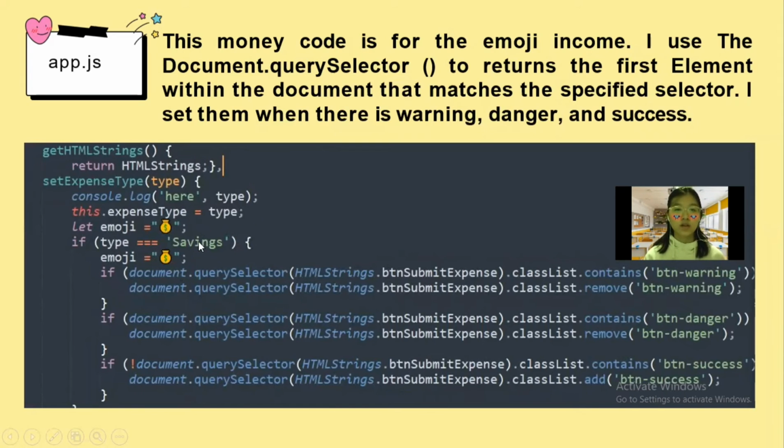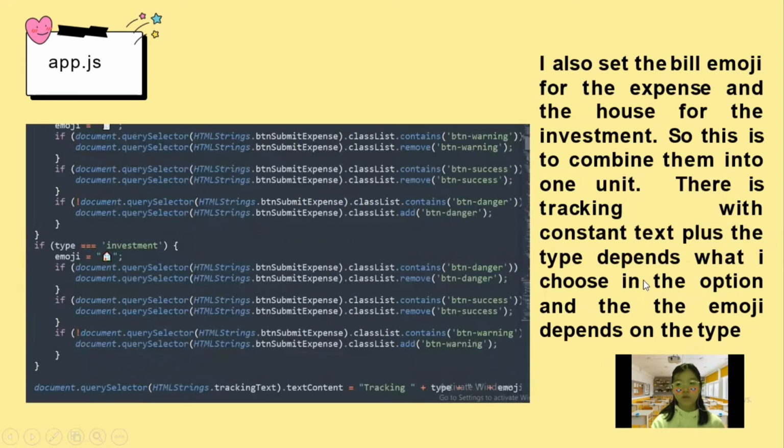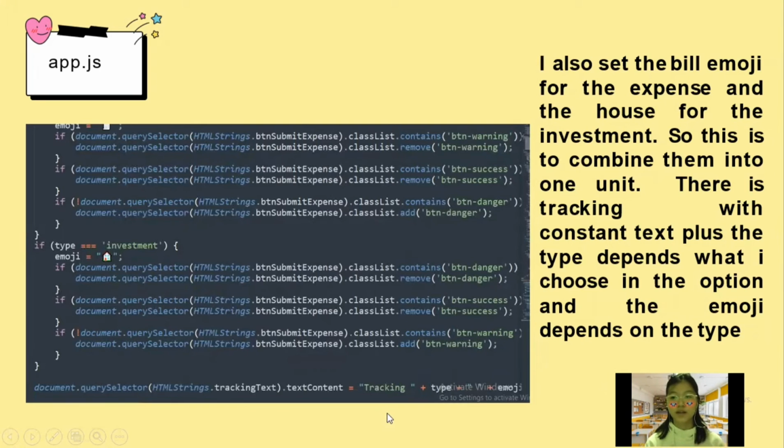Next, this money code is for the emoji income. I use document.querySelector to return the first element within the document that matches the specified selector. I set them for when there is warning, danger, and success. Next, I also set the bill emoji for the expense and the house for the investment.